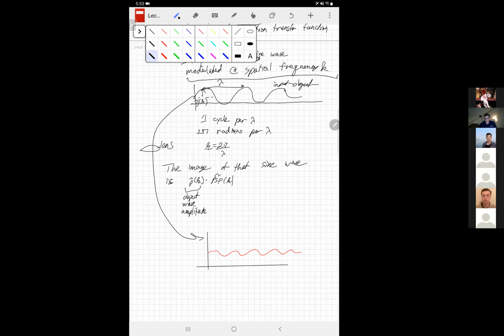If I was trying to draw this as something that goes from 0 to 1, what I get instead is something that scales from 0 to 1, so maybe it goes from 0.4 to 0.6. Okay, we have something with a reduced amplitude.